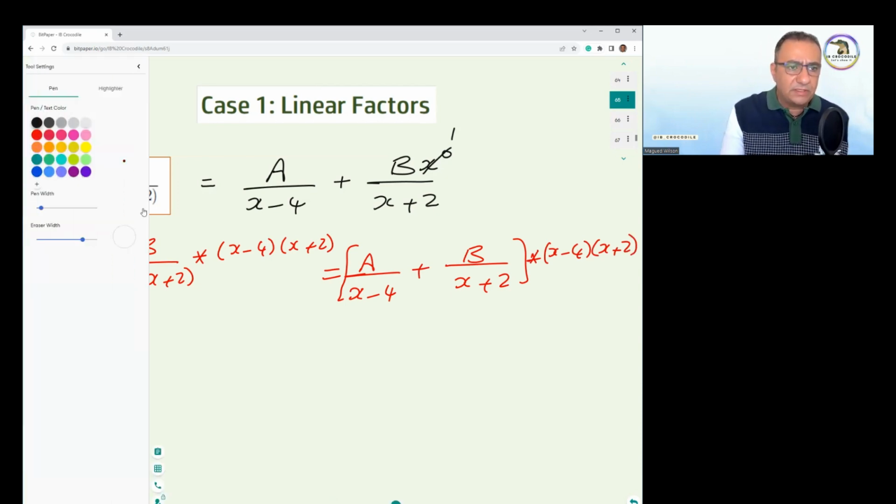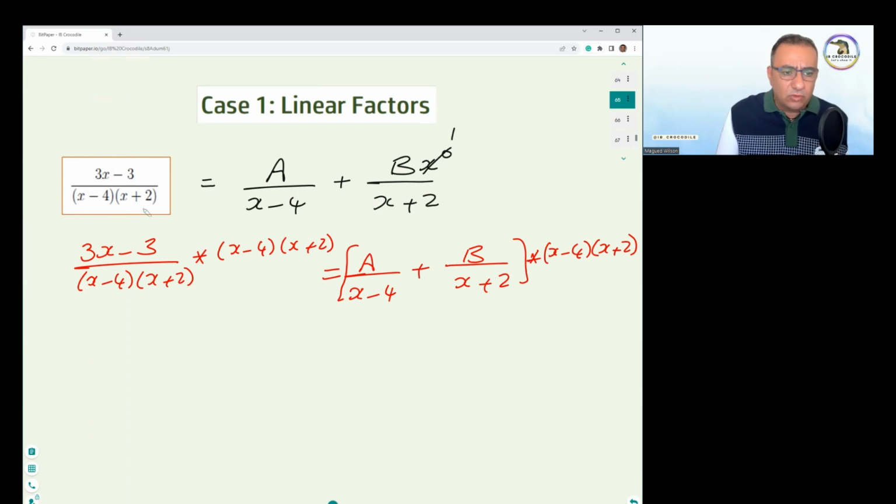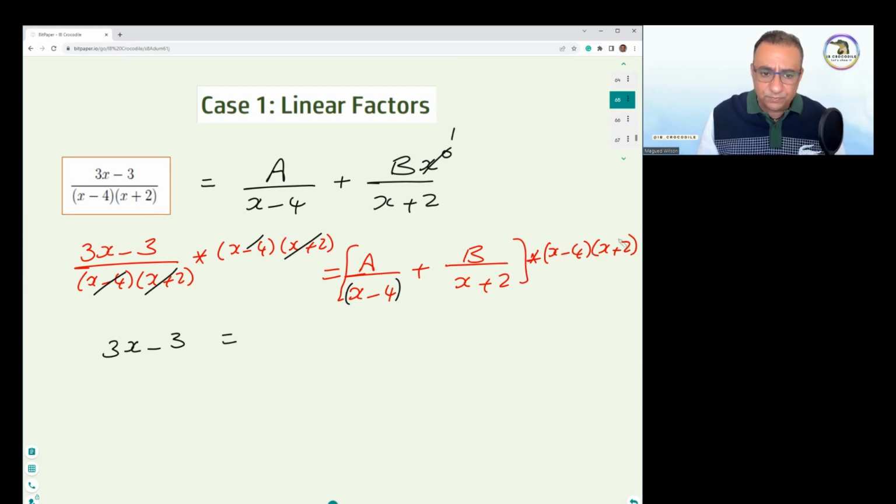Okay, so let's see what will happen. Obviously we can cancel x minus 4 and x plus 2 from the left hand side, so you will have 3x minus 3 on the left hand side. Then we expand: a multiplied by x minus 4, so this factor will cancel with that factor there, and you are left with a multiplied by x plus 2.